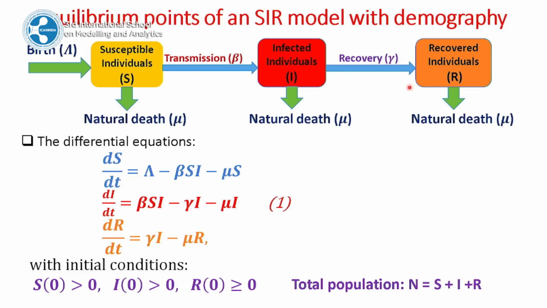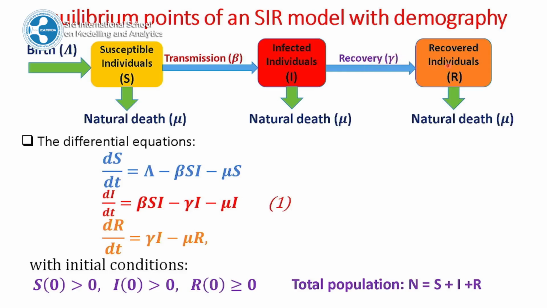People are recruited into the population, which is strictly susceptible, through birth. Then transmission occurs due to the interaction between susceptible individuals and infected individuals at rate beta. It is assumed that after a certain time, people recover from that infection at rate gamma.